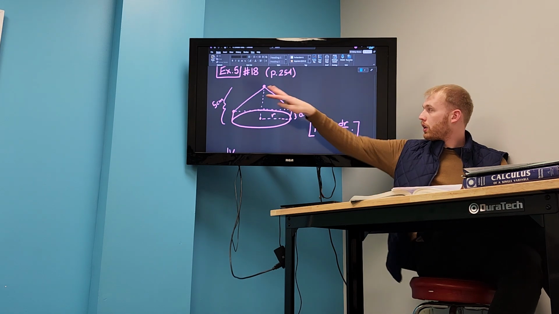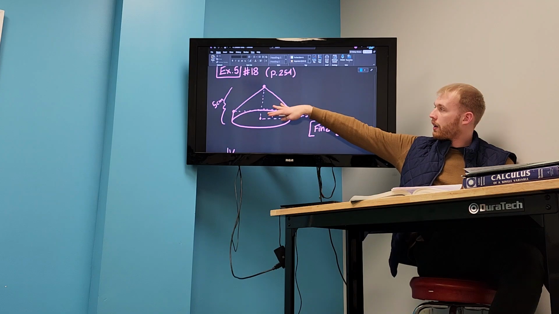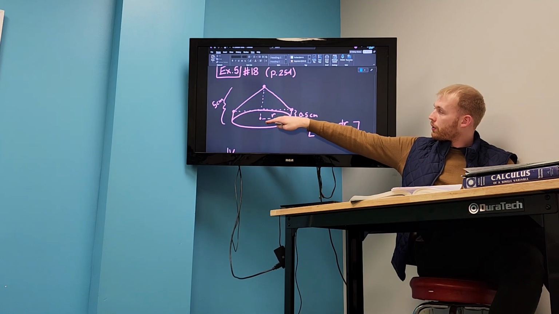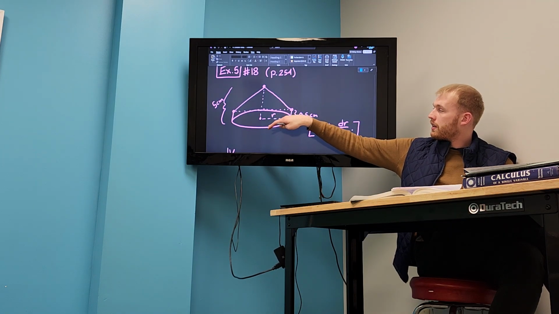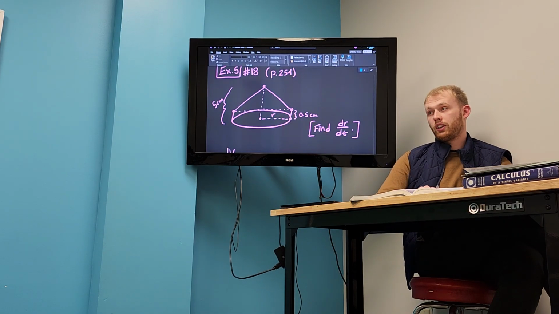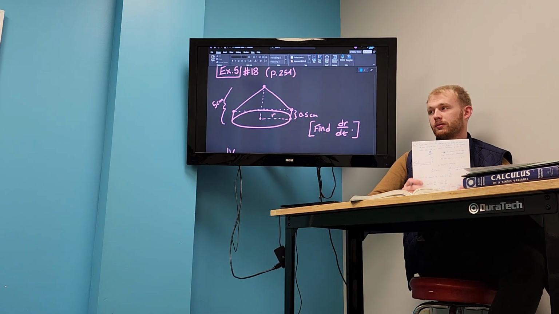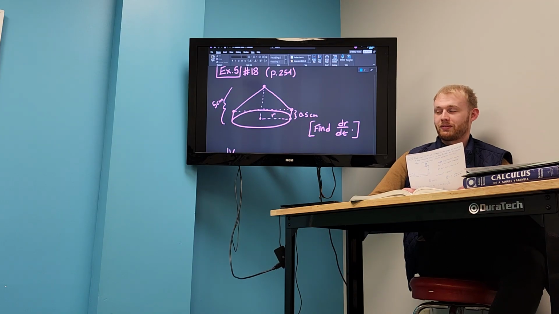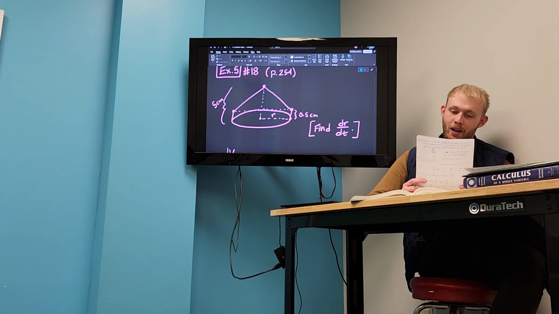So we have this cone here that has a height of 4.5 centimeters. How do we account for this part of it though? Is this not part of the volume? That's a cylinder. Now we have a cone and a cylinder. The volume for a cylinder is pi r squared h.